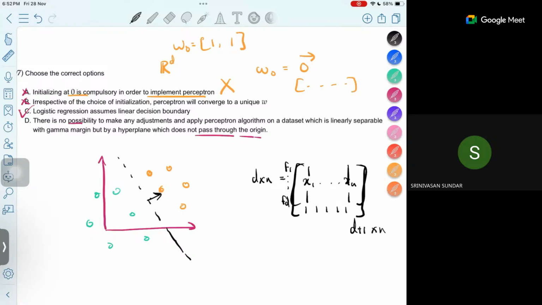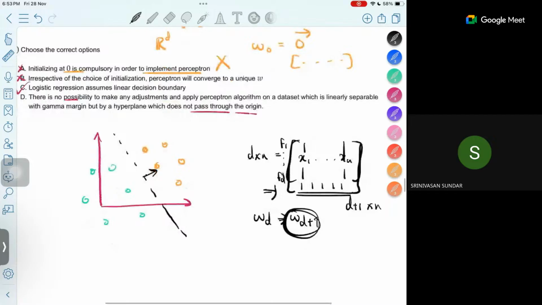In that case, whatever weight I learn here, the weight vector will correspondingly be a D plus 1 dimensional vector. And the D plus 1th dimension, that is the last row, the weight that I learn for that row will be nothing but the bias.